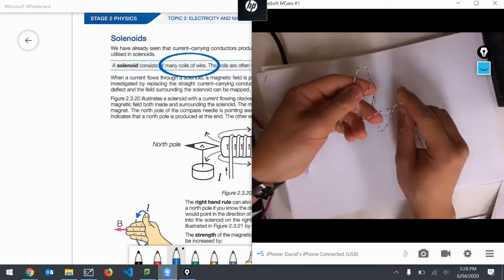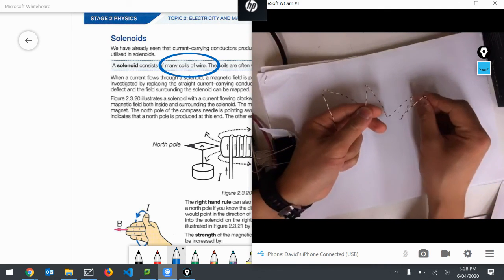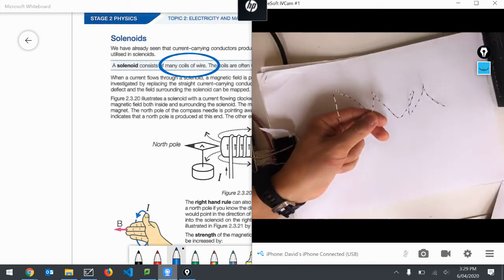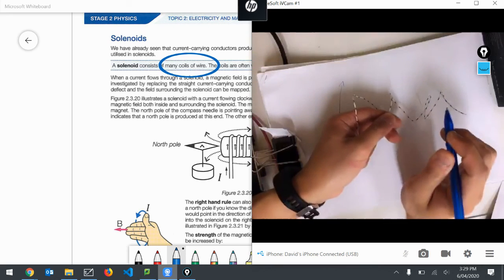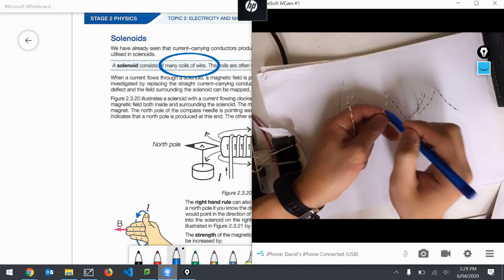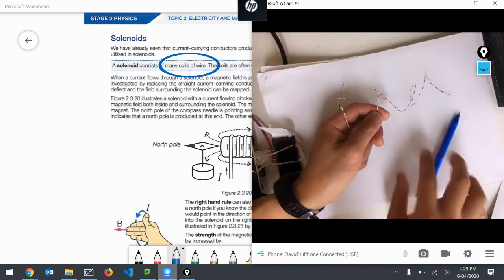So that looks like this. And if current is going in from here, current going here, coming around, coming around, coming around.